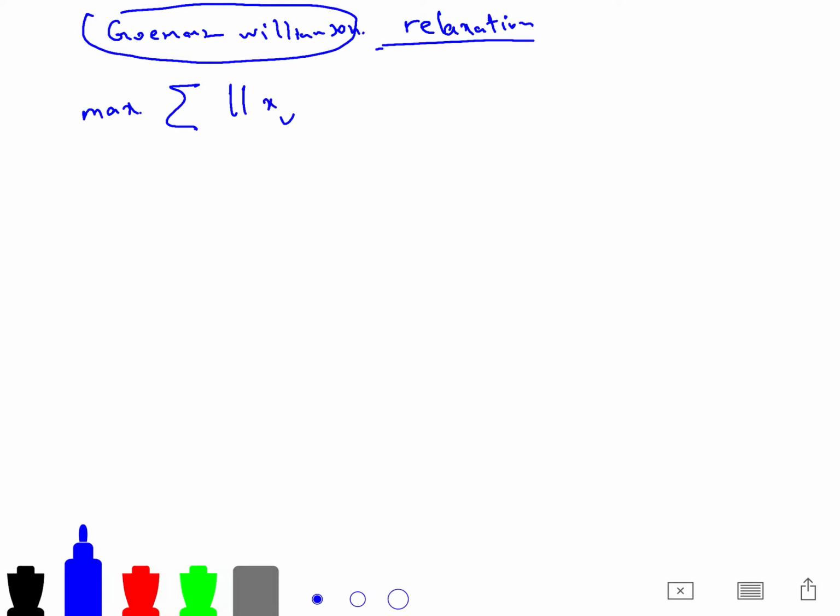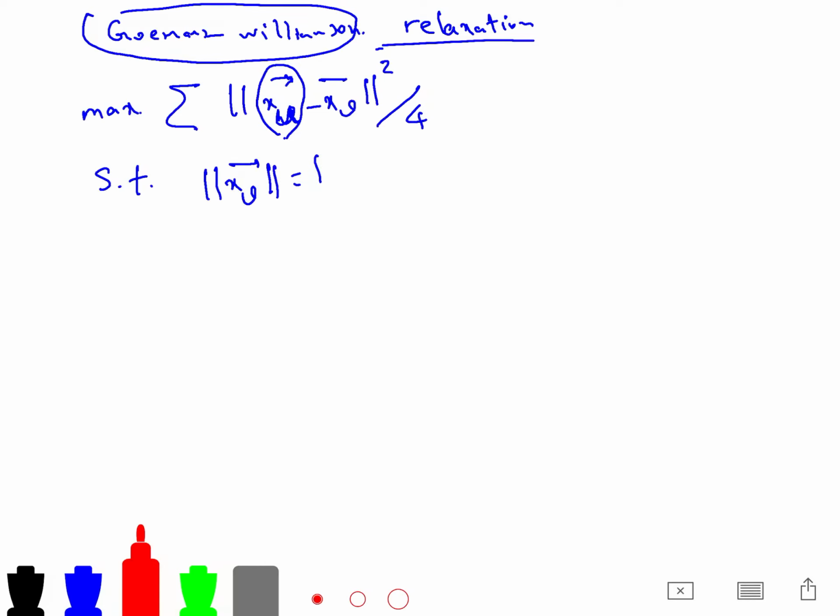So for any vertex v or u, each of them is a vector. So x_u is a vector. And so it is like before, it is the squared difference over 4, but this time x_u and x_v are vectors. So we solve this optimization problem subject to the constraint that they are unit vectors.